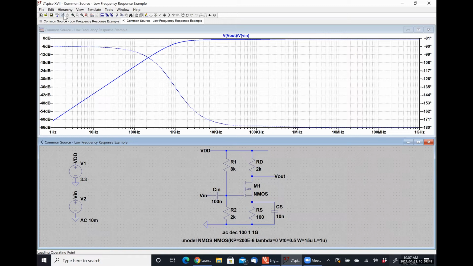When our frequency is very low, these capacitors start to look like open circuits, and the impedance of this one is going to get smaller and smaller more quickly than the impedance of this one because it has a higher capacitor value.